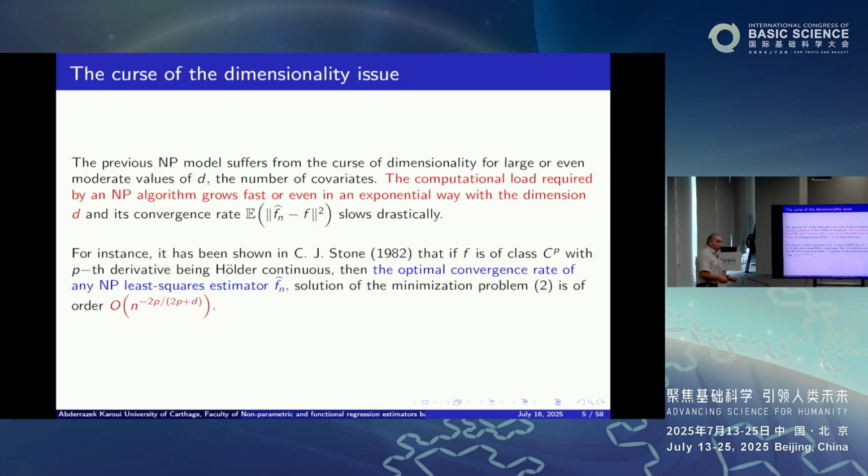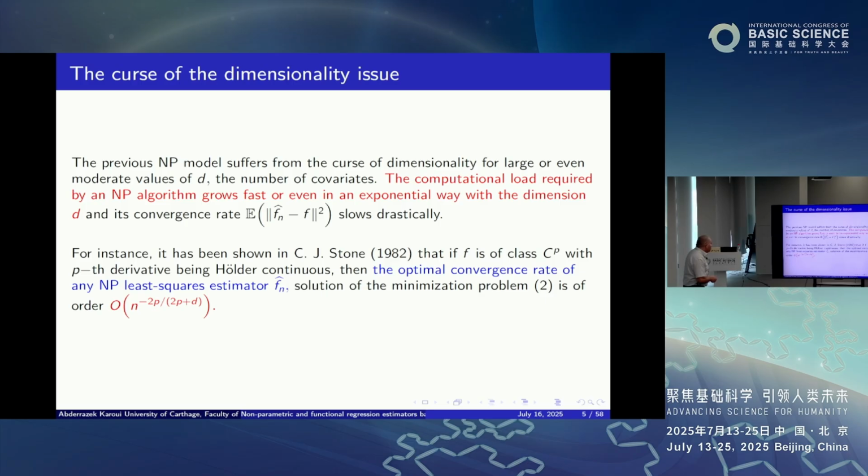Well, we do have an excellent theoretical result about any estimator that uses least squares to solve problem 2. Actually, this is a result by Stone, published in 1982, and it says that the optimal convergence rate of any NP least squares estimator for solving 2 is of order n to the power minus 2p over 2p plus d.